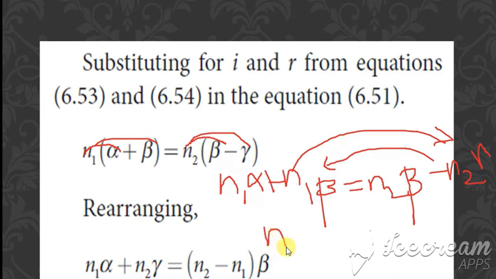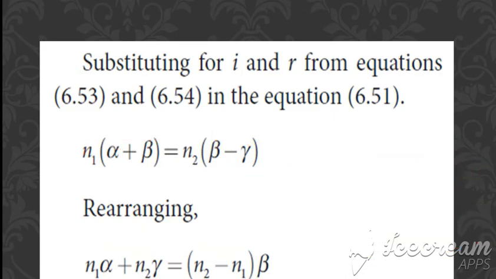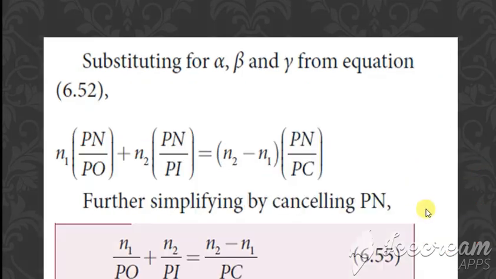So we get N1 into alpha plus N2 into gamma, which is equal to, this side we have the common term, which is what? Beta. And the remaining terms are N2 as it is minus this N1. So it is N2 minus N1 into beta. So this gives the equation.